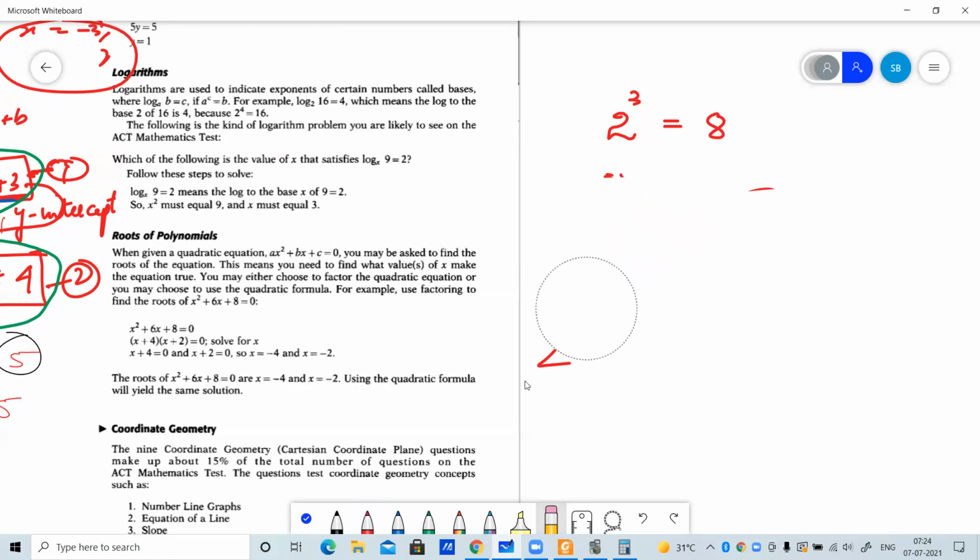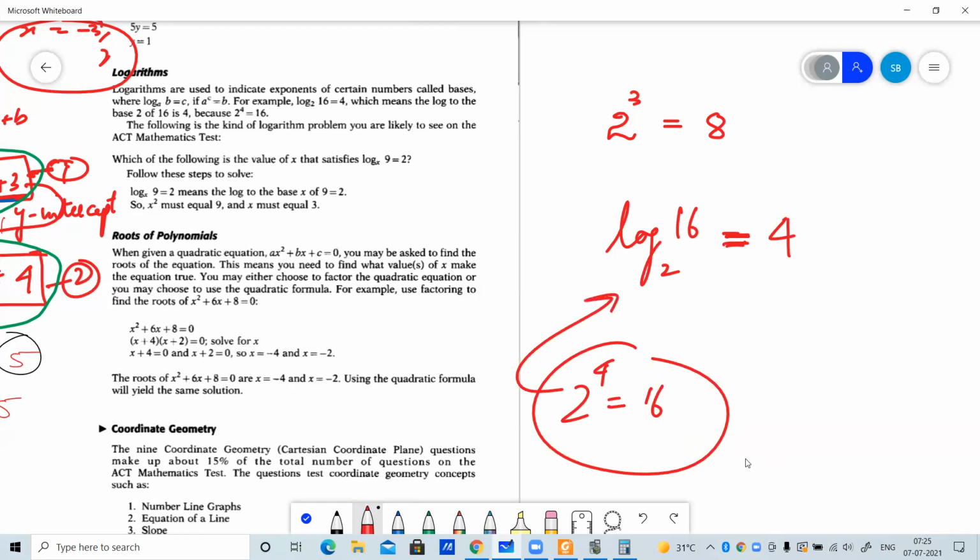Let's do one more example. Log of 16 to the base 2. What power can 2 be raised to in order to get 16? 4 is the right answer. 2 to the 4 is 16.